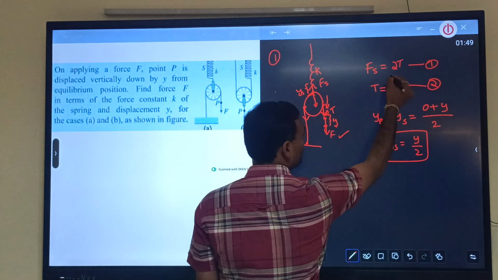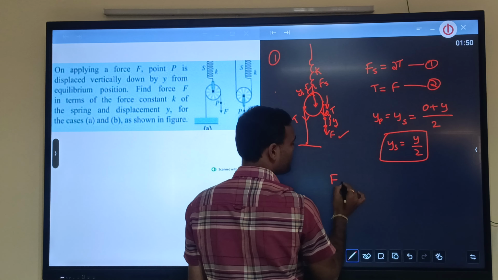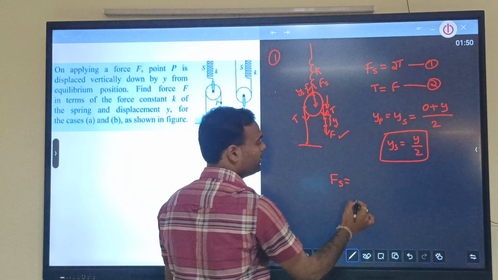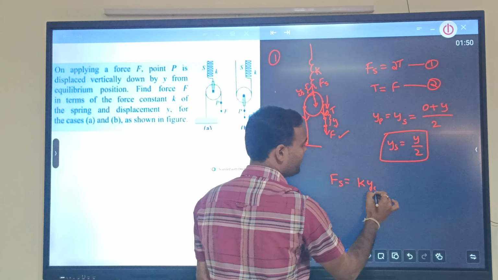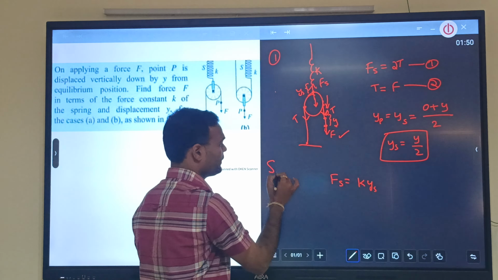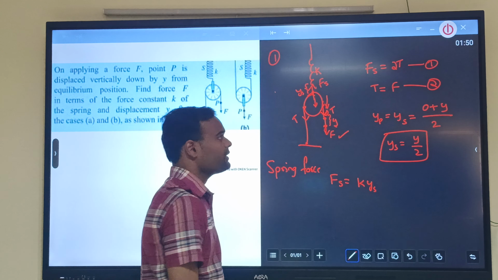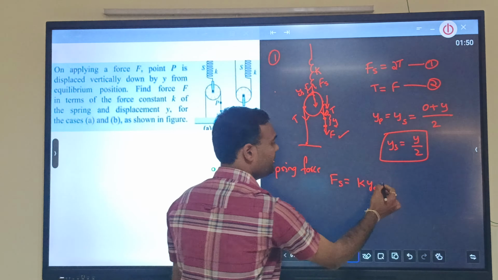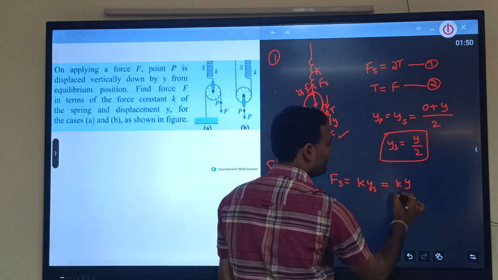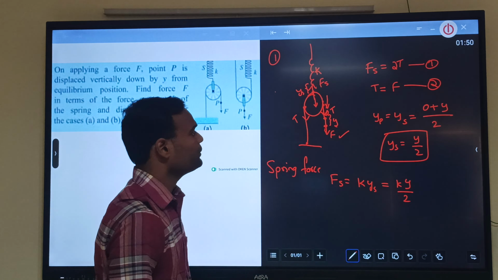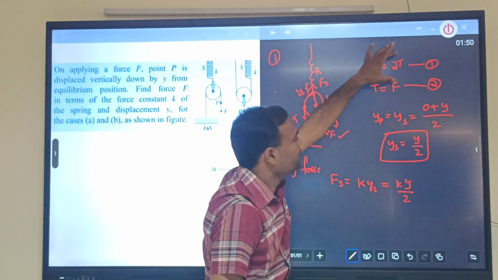Now we know that Fs is equal to k into s, the spring force. Spring force Fs is equal to ks, that means ky by 2. And what is the Fs value here? 2T.